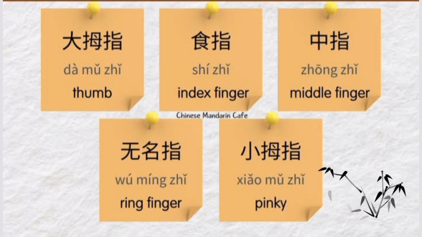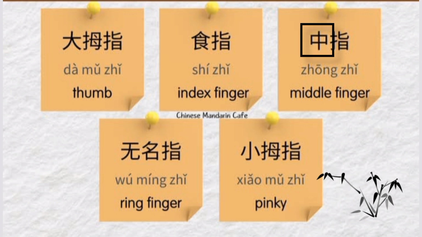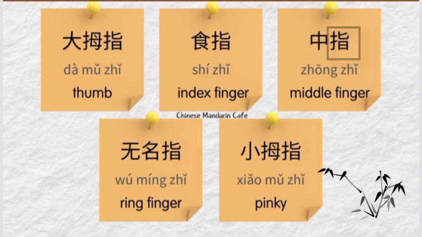Let's explore it. First character is 中. It stands for middle. It is the longest finger and is right in the center. Second character is 指. It stands for finger. So together it makes 中指. Hope you learn.